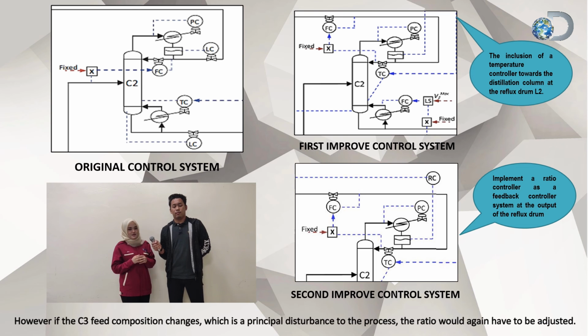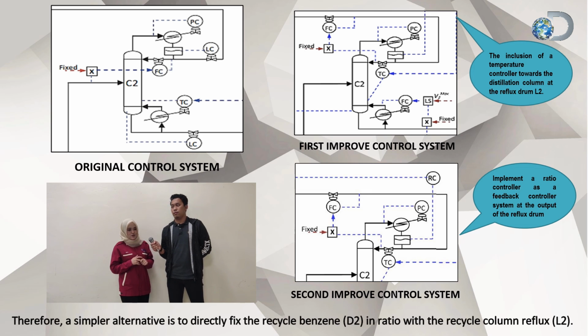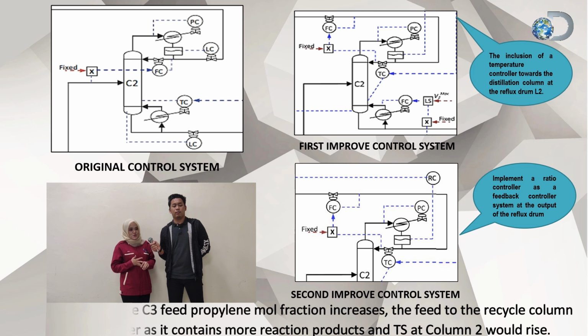However, if the feed composition changes, which is a principal disturbance to the process, the ratio would again have to be adjusted. Therefore, a simple alternative is to directly fix the recycled benzene in ratio with the recycle column reflux at L2. This is because if the feed propylene fraction increases, the feed to the recycle column will be heavier, as it contains richer products than the column 2 products.